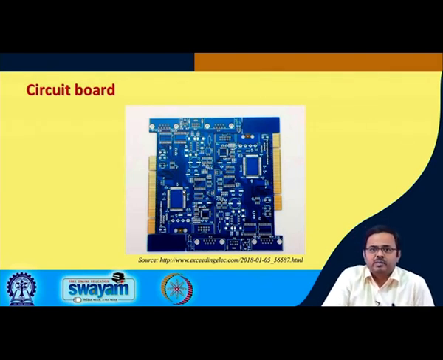You remember the quad flat pack in first level packaging, where you had leads, typically a gullwing type lead coming out, and the other end of that lead will be connected to the circuit board as we had discussed at that time. Now we see that. These are the points where those interconnects or leads are going to be attached.